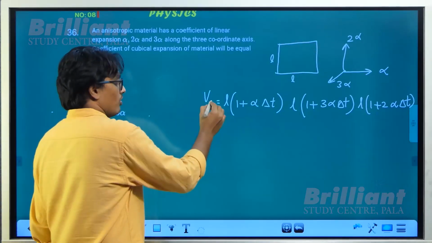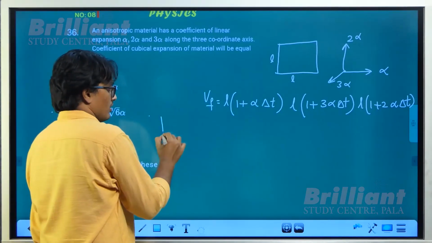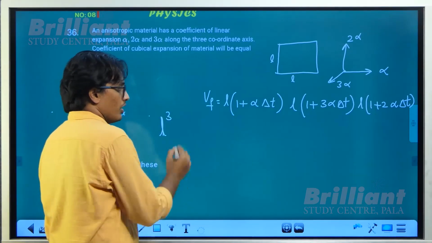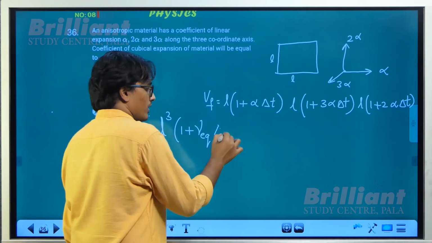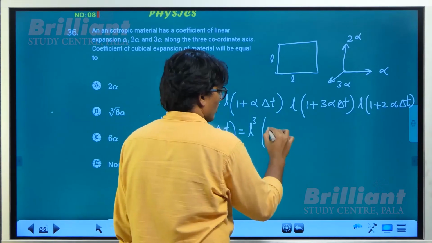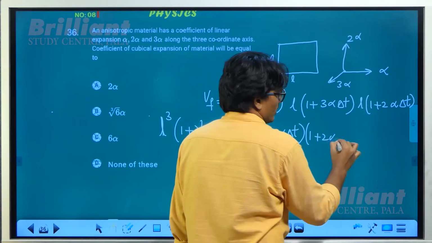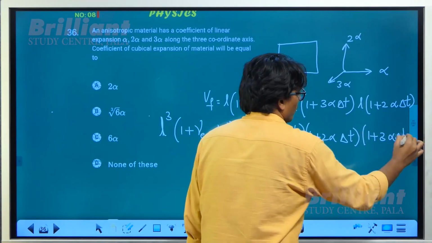This is the final volume. We can also write final volume as initial volume L cube into (1 plus gamma equivalent delta T). That's what you have to find. So L cube into (1 plus alpha delta T), (1 plus 2 alpha delta T), (1 plus 3 alpha delta T).